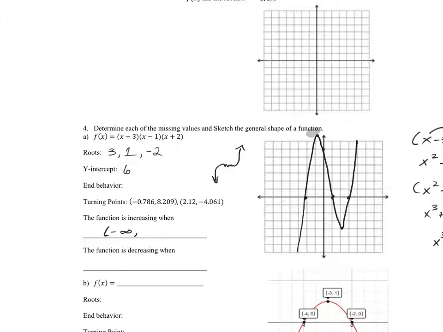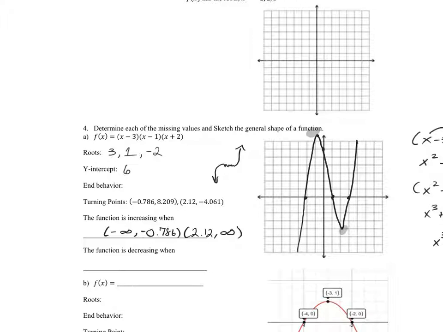So we're going to jot that down. But it also starts to increase around here. What point is that? That point is positive 2.12. So we're going to jot that down as well. It begins to increase at positive 2.12, and it stops increasing at positive infinity.